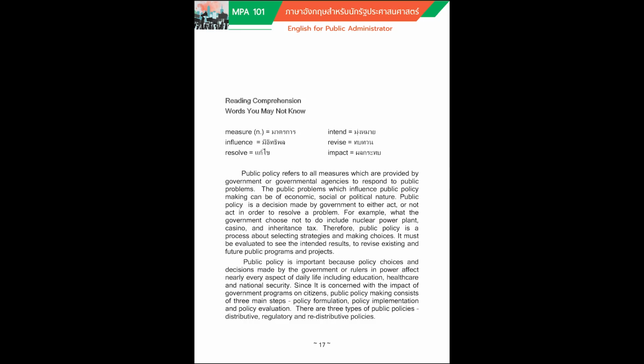You want to revise something. Suppose you have an exam tomorrow, so today you have to read the book one more time: you revise or review for your exam. Next one, impact. Okay, one more time please: measure, influence, resolve, intend, revise, impact.